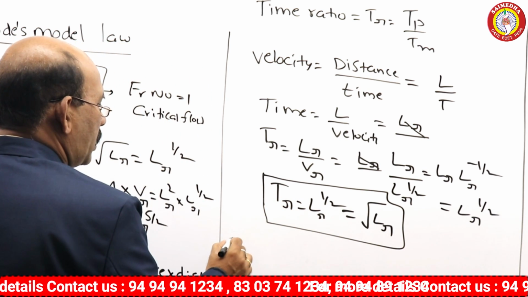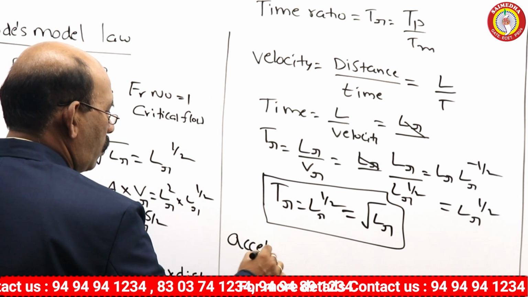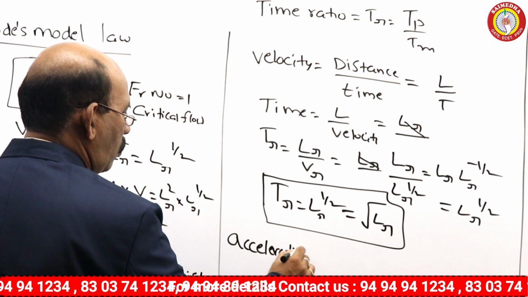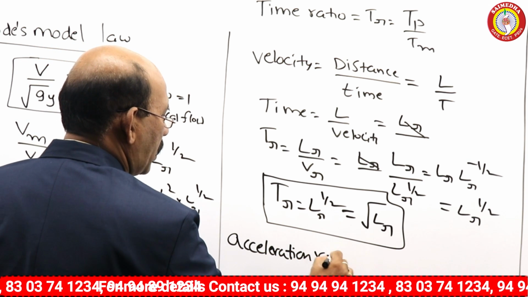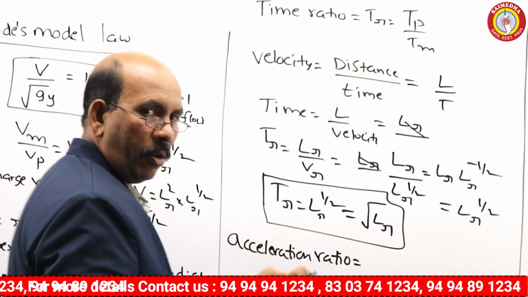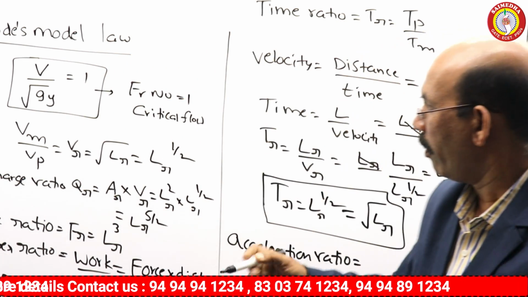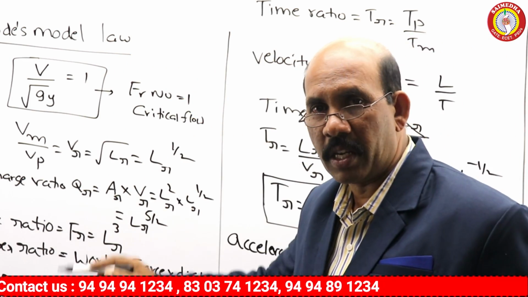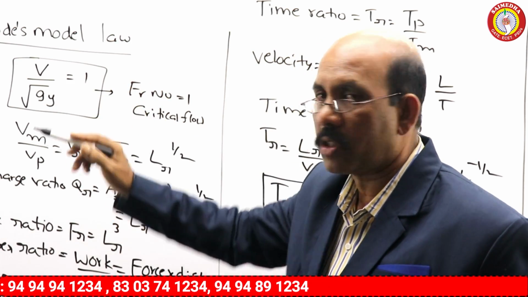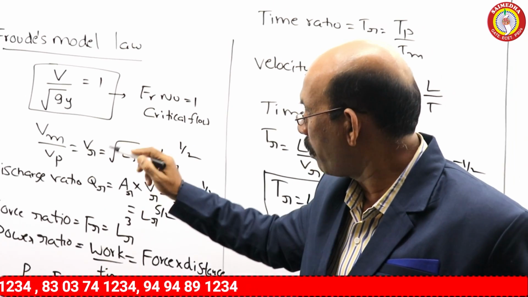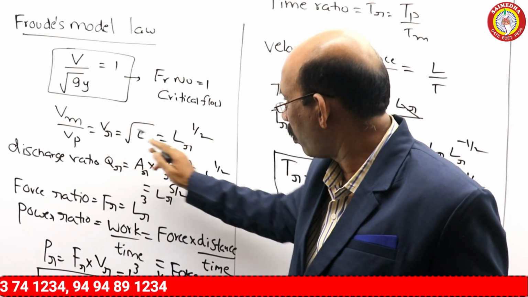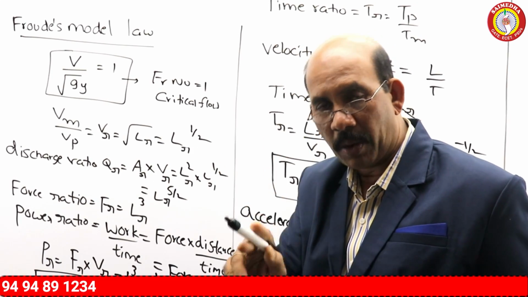So the acceleration ratio. Now we can compute the various ratios. You can see here, all these ratios are derived from one particular relation, Vr is equal to Lr to the power of 1 by 2.